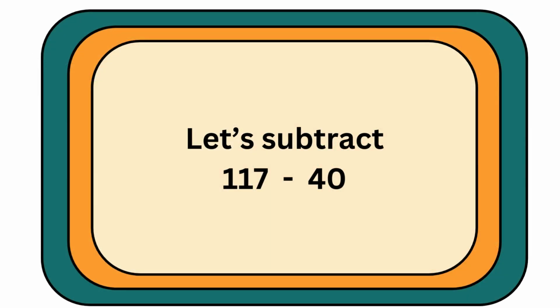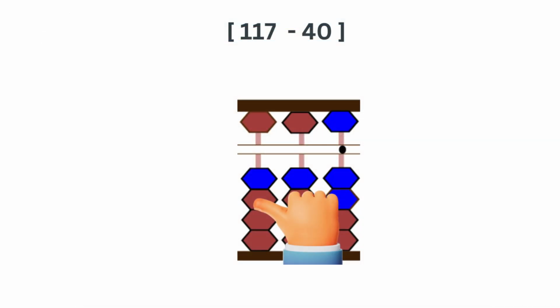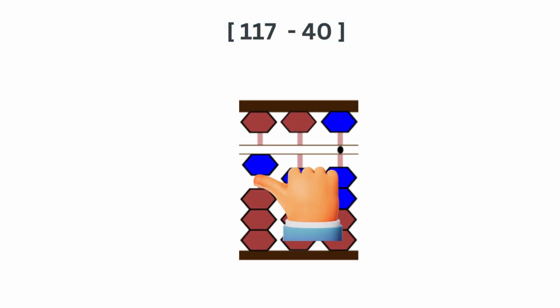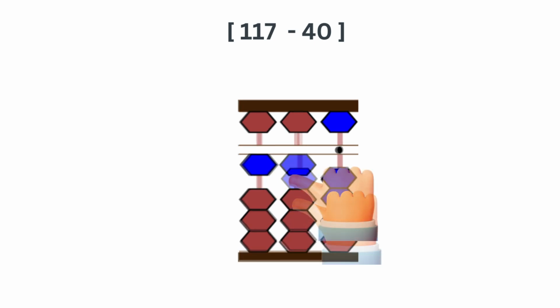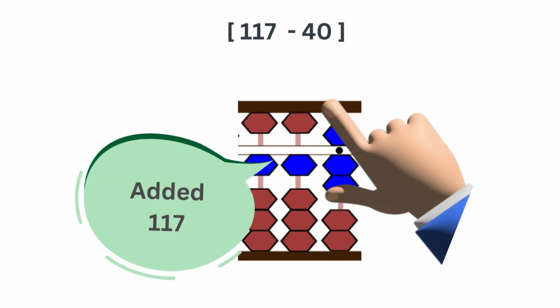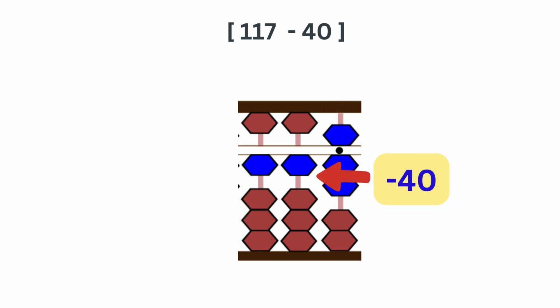Let's do subtraction 117 minus 40 on the abacus. First, add 117 on the abacus, starting with the hundreds column. Next, we need to subtract 40 from the tens column, but since there aren't enough beads in the tens column, we'll need to borrow 100 from the hundreds column.